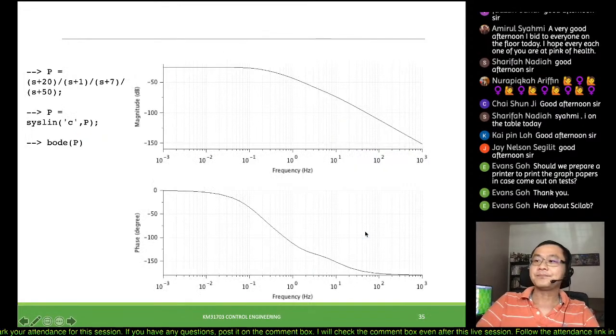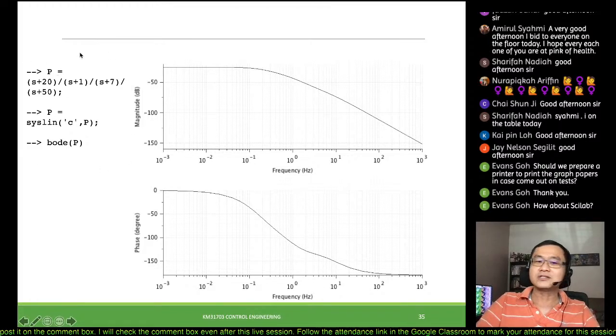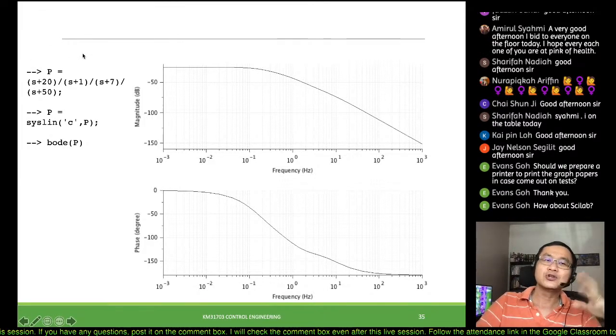How about Scilab? Scilab is similar. In your console, just type your functions. Let's say p equals to whatever you did previously, but remember these equations have s. You have to define your s equals to a polynomial term.